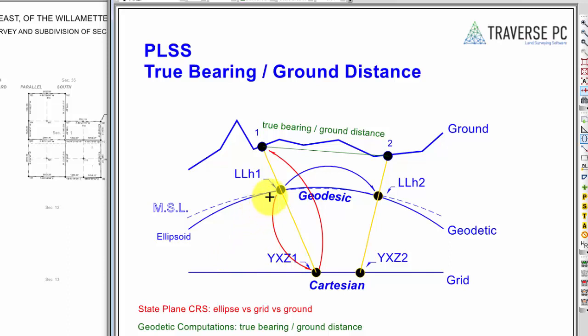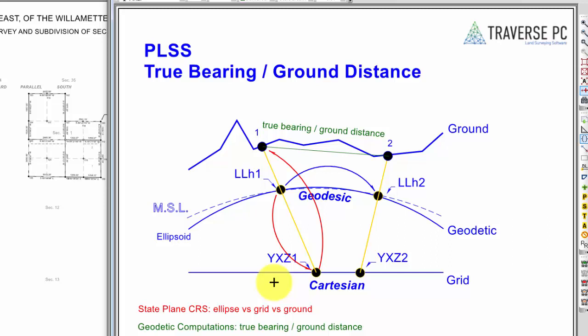So I start out with a geodetic position, a latitude, longitude, and ellipsoid height. And Traverse PC is going to use our coordinate reference system to come down here and compute a state plane coordinate. So that's why I said state plane CRS. With public land survey system, we tend to work in state plane. You might work in low distortion grids for your county or your transportation corridor. You might work in UTM.